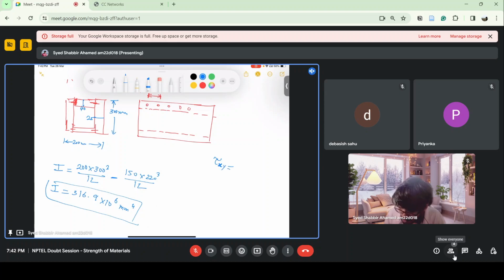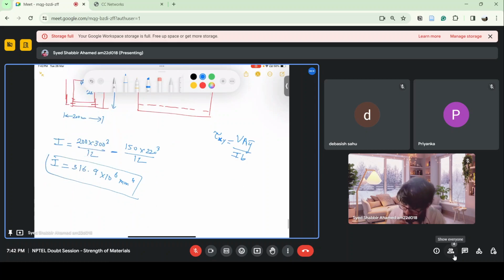We have shear stress as VA Y bar by IB. Simply, if I just remove this B, that can be called as shear flow. VA Y bar by I. This is the shear flow.